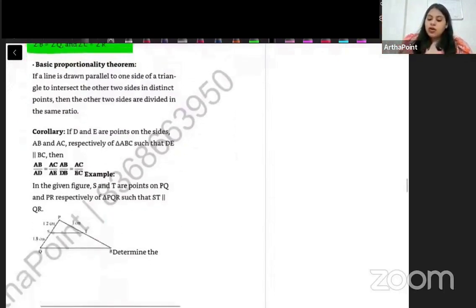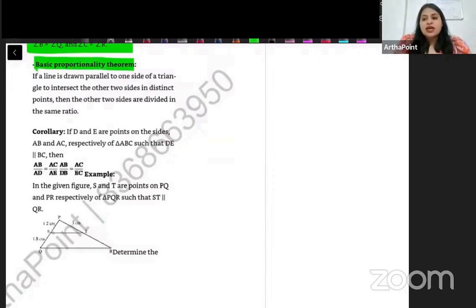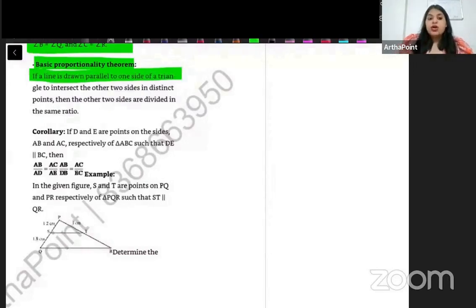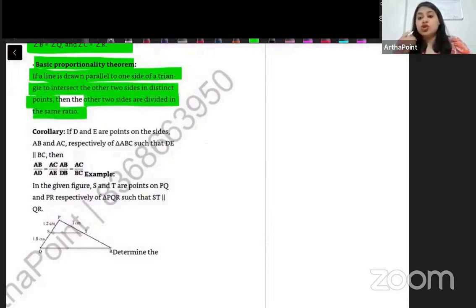Now next, let's talk about the basic proportionality theorem. The basic proportionality theorem suggests that if a line is drawn parallel to one side of the triangle to intersect the other two sides at distinct points, then the other two sides are divided in the same ratio.